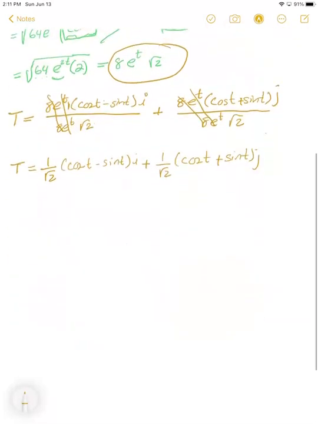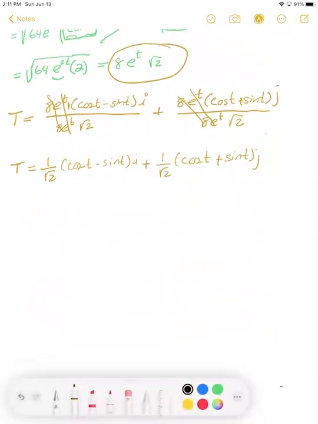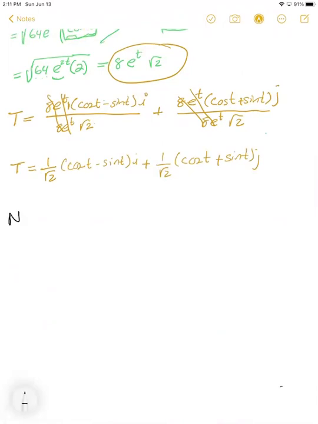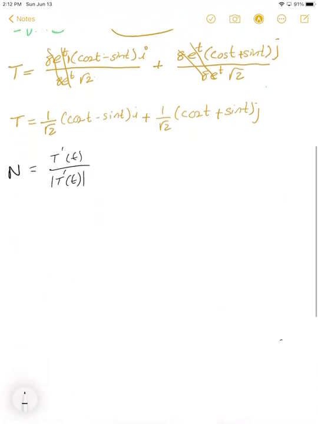Now that we have T, we could find N. To find N, we have to find T prime with respect to t divided by its magnitude. So we have to find the derivative of this guy, the derivative of the x component and the y component.